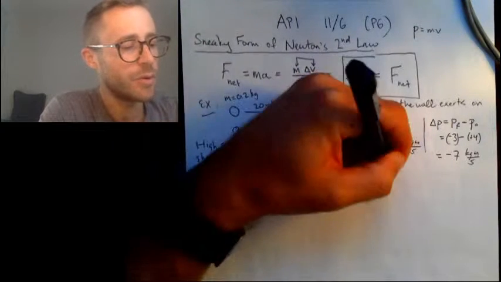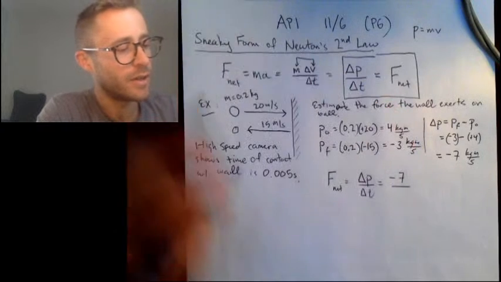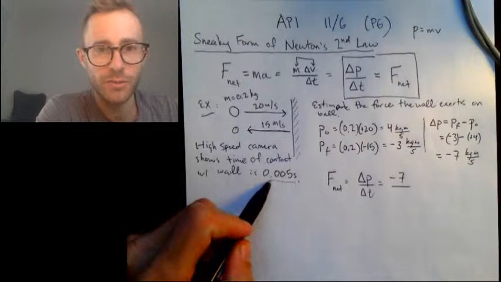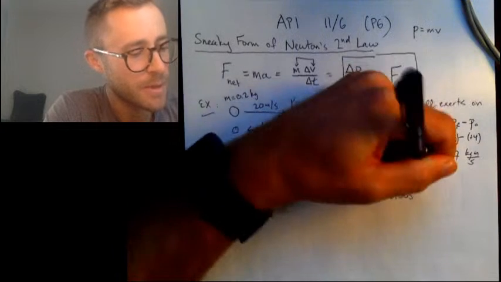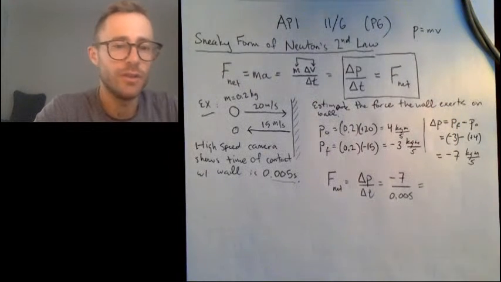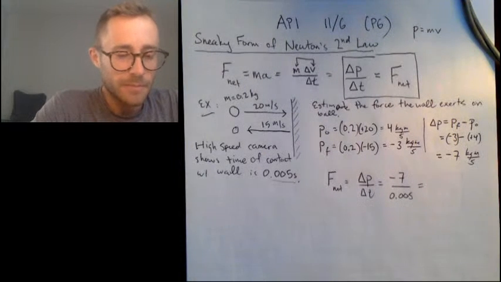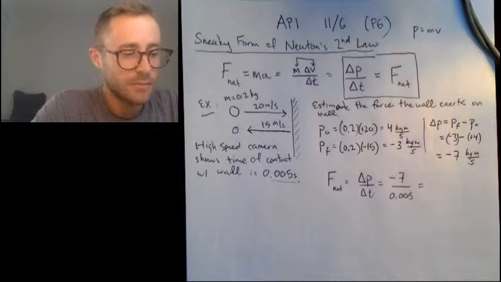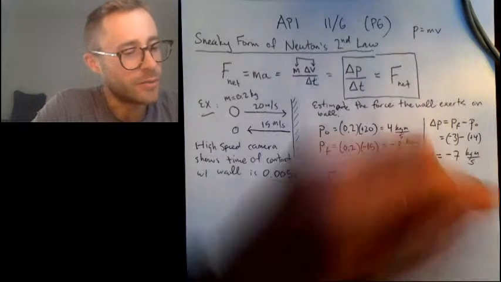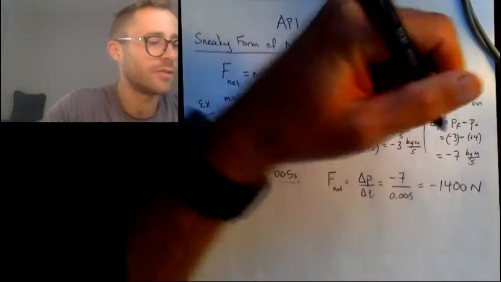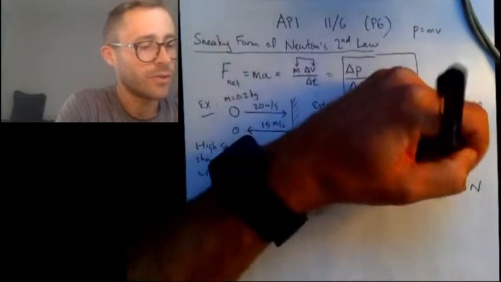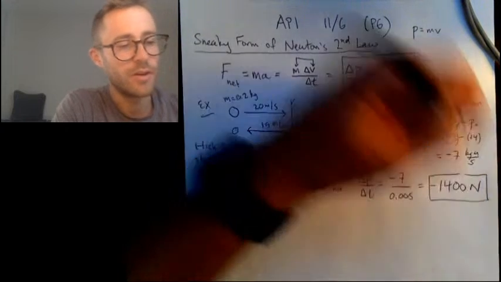I know that the change in momentum was minus 7, and I know that the time of contact was 0.005 because of the high-speed camera. So we can do this. And that gives negative 1400 newtons is the force that the wall exerts on the ball.